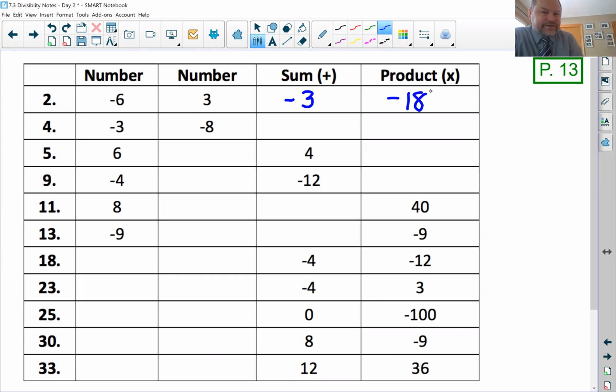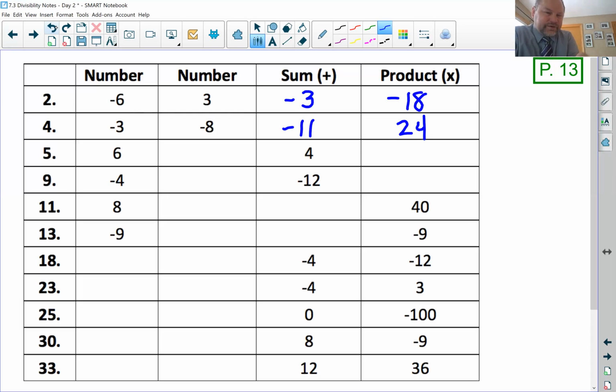So pretty easy if we're given the two numbers. -3 and -8 add to -11. -3 times -8 is +24. So there's an example where the product is positive. The factors we're given are both negative.